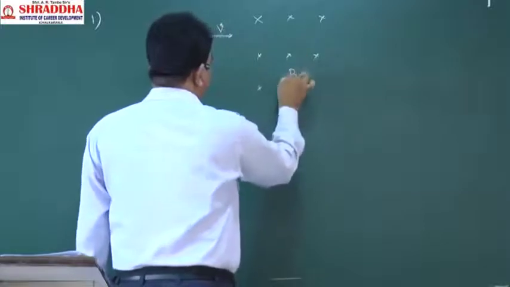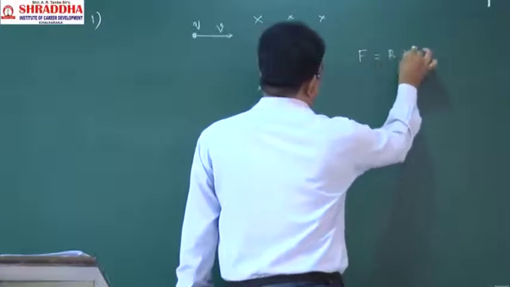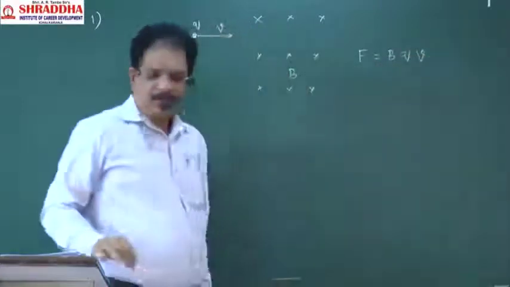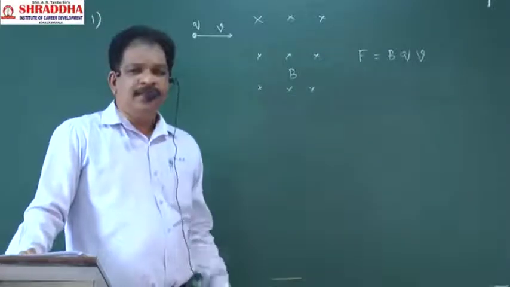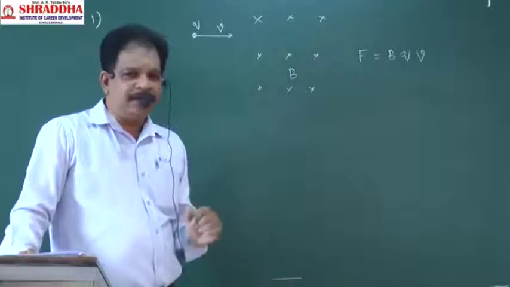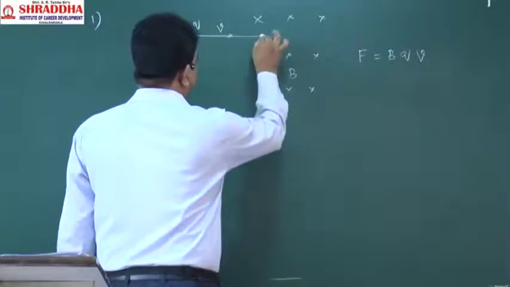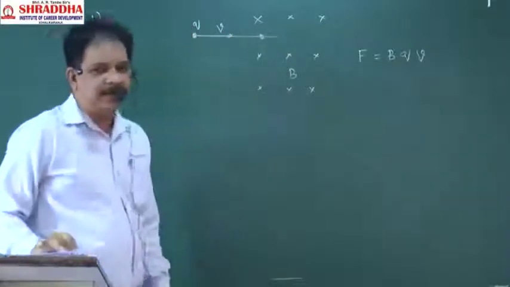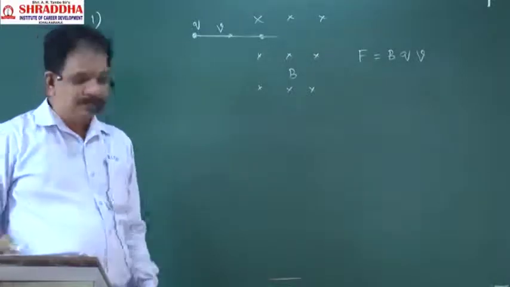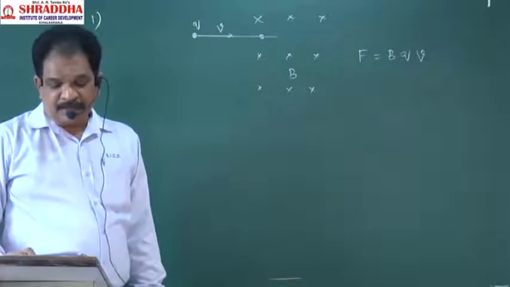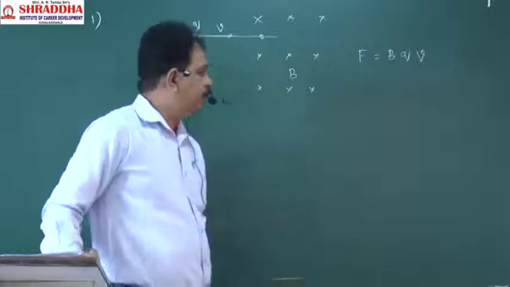Then the magnetic field applies a force F is equal to BQV. QVB or BQV, all are the same. That is the force applied by the magnetic field on the charged particle when it entered the field. Using that formula, find the dimensions of the magnetic field.